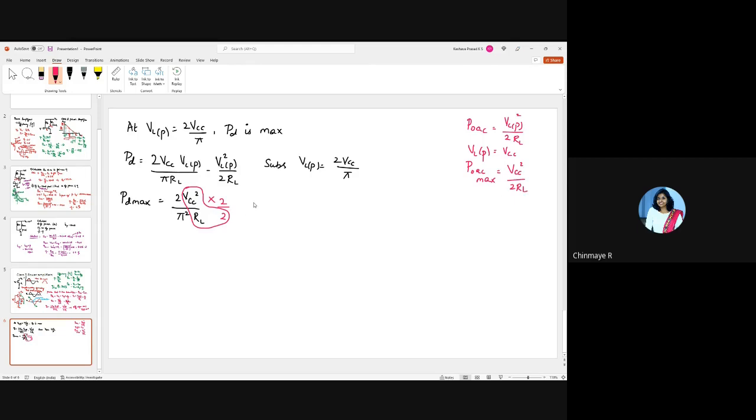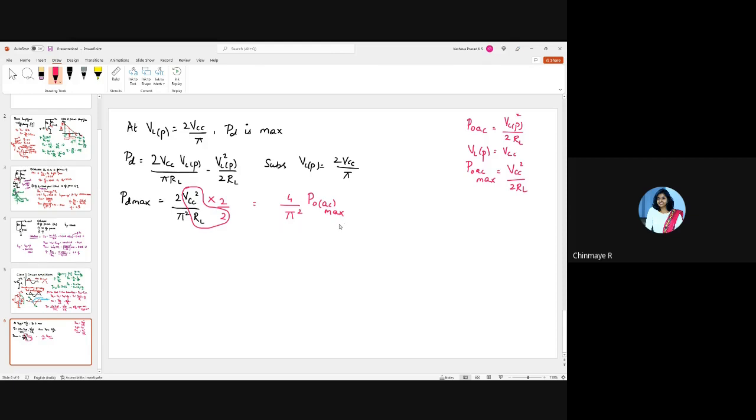So now here I can say PD is equal to 4 by pi square into P naught of AC max. So this is the maximum power dissipated by both the transistors.